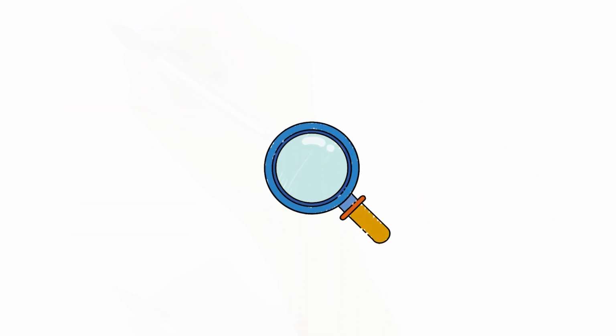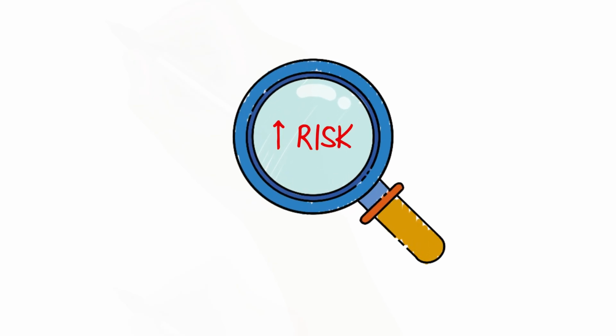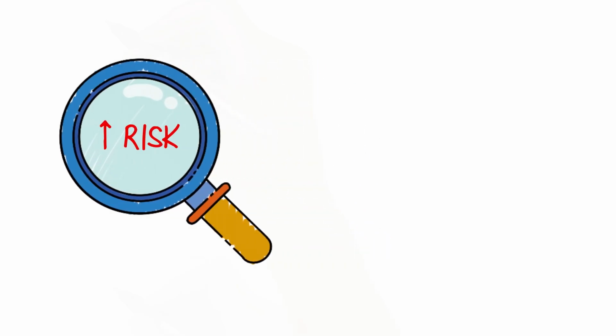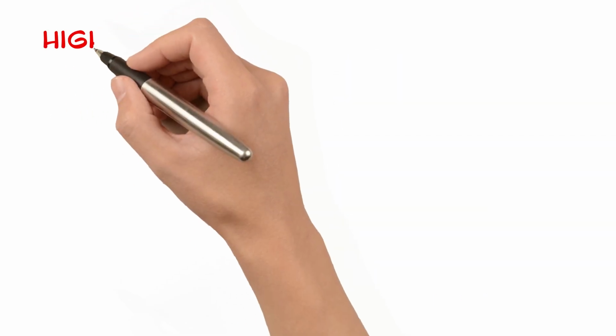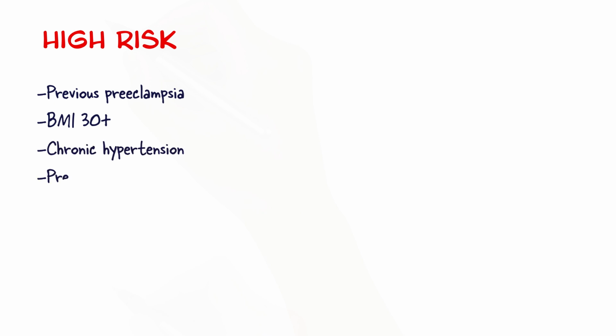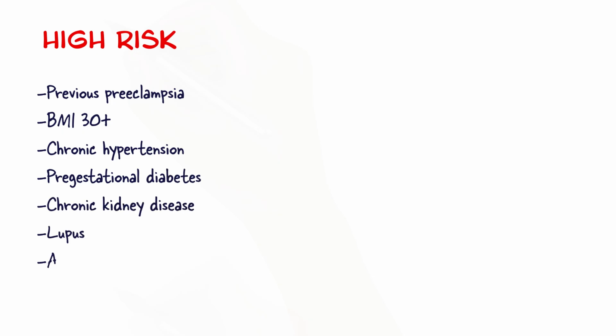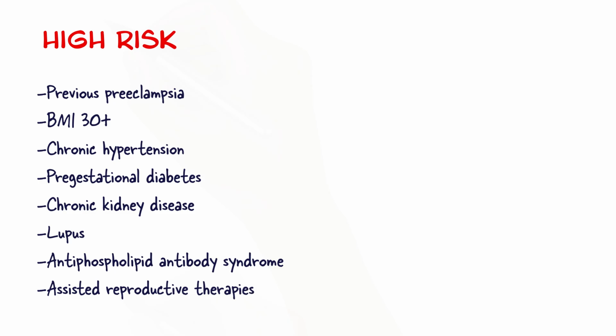It is important to identify patients who are at increased risk for preeclampsia in order to offer counseling and preventative measures. The highest risk factors include a prior episode of preeclampsia, elevated body mass index of 30 or higher, pre-existing conditions such as chronic hypertension, pre-gestational diabetes, chronic kidney disease, and lupus or antiphospholipid antibody syndrome, as well as the use of assisted reproductive technologies.